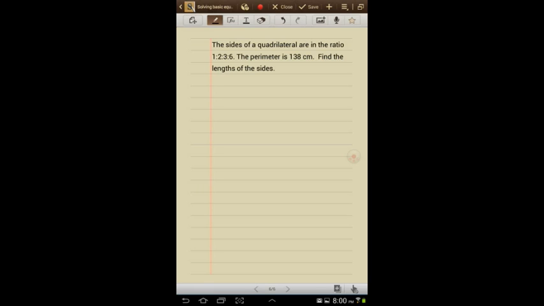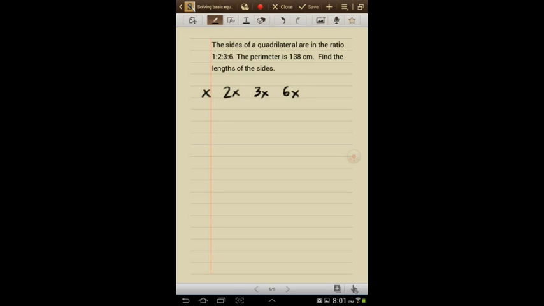The first side is that number, x. The second side is twice that. The third side is 3 times that length. And the fourth side is 6 times that. So we have an x, the second side is 2x, the third side is 3x, and the last side is 6x. What else do we know about those four sides?